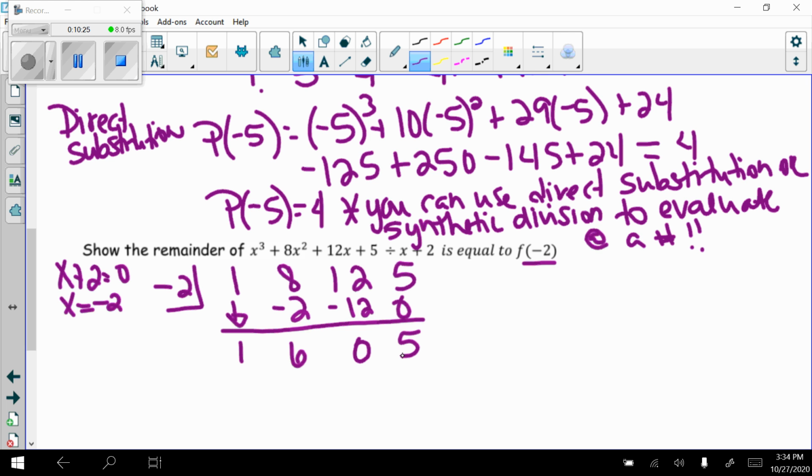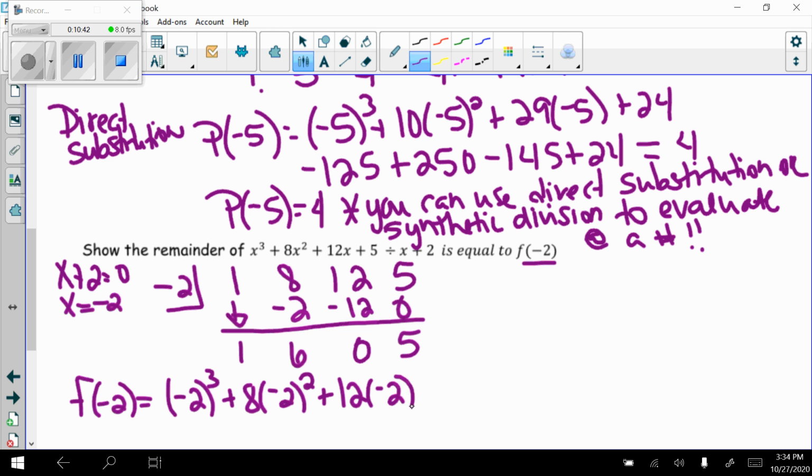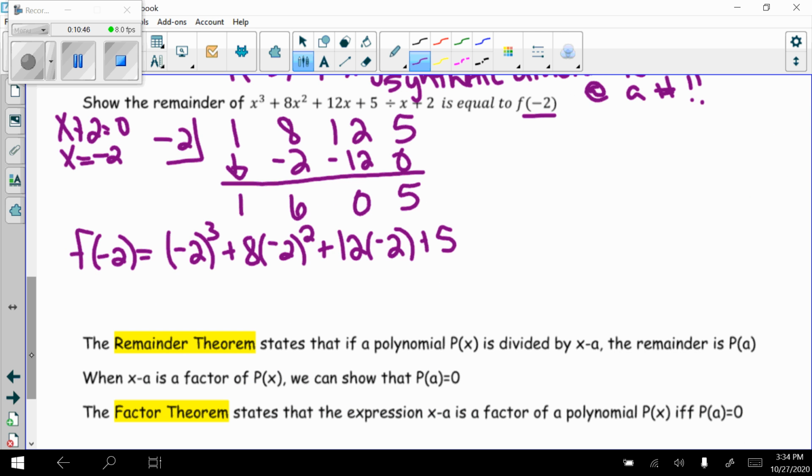So now I'm going to do direct substitution to evaluate f of negative 2. So I'm going to plug negative 2 into my original polynomial. So negative 2 cubed plus 8 times negative 2 squared plus 12 times negative 2 plus 5. Negative 2 cubed is negative 8.